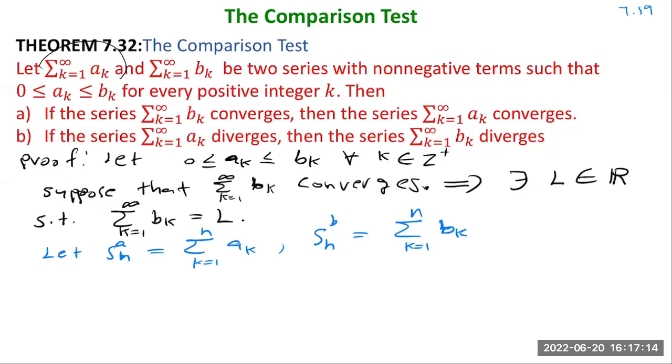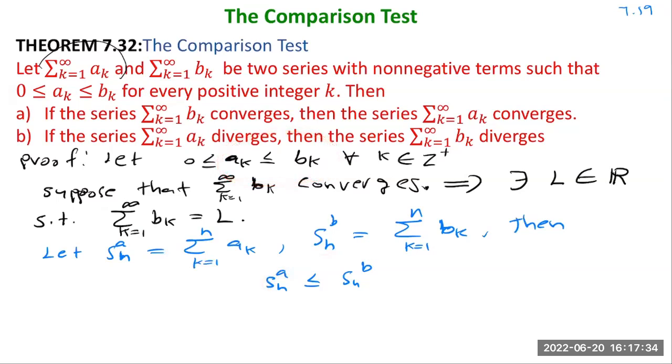Then notice that we have the following inequality. Clearly, S_n^A has to be less than or equal to S_n^B. Would you agree with me? Why is this true? That is because of this inequality.